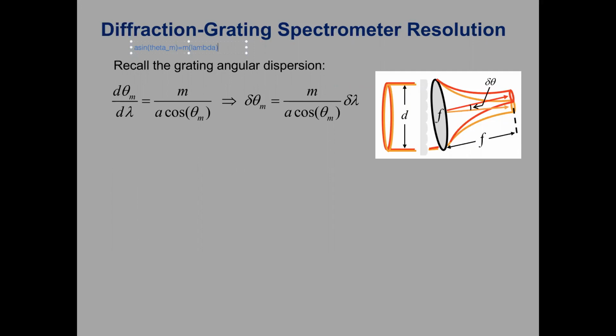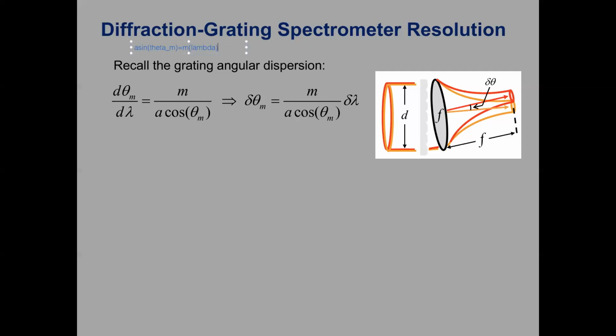So if we want to get a small measure of what delta theta might be, we could do some sketchy first semester calculus. So we could take the derivative d theta d lambda and use the grating equation. So we could do d sine theta d lambda on one side, take the derivative of the other side with respect to lambda.